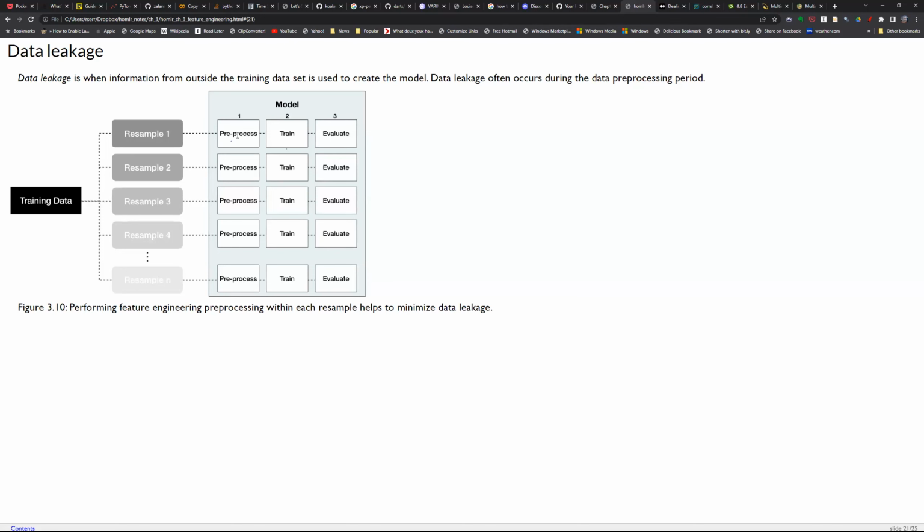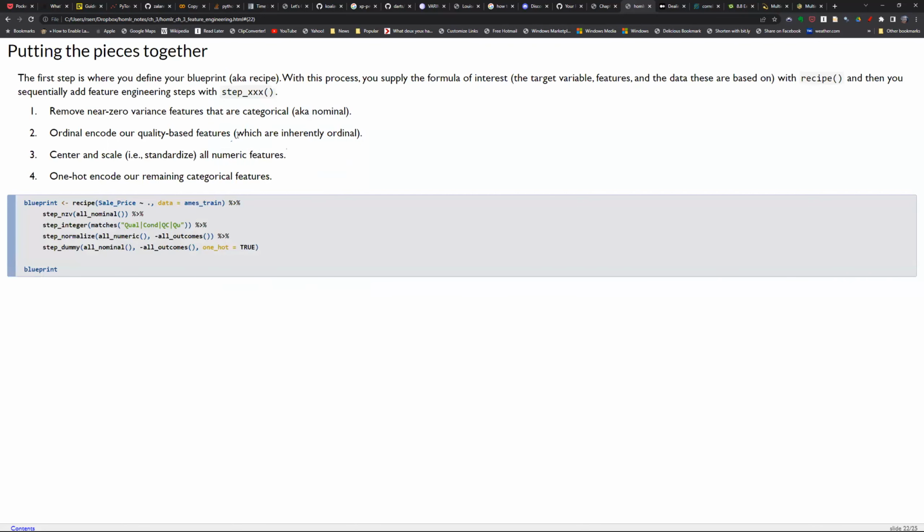Okay. So this is an example, again, using the games, our toy data set, in putting the pieces together. And this is an example of the order and what kind of pre-process methods we can use.